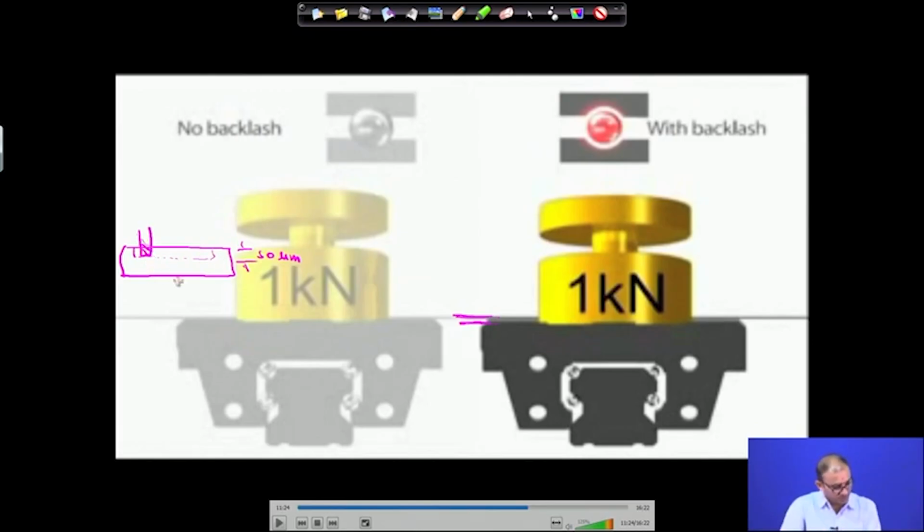This is your machine, or this is your part program by which you have programmed this particular tool motion. But because of this backlash, your whole workpiece is shifted. This is the base surface, right.